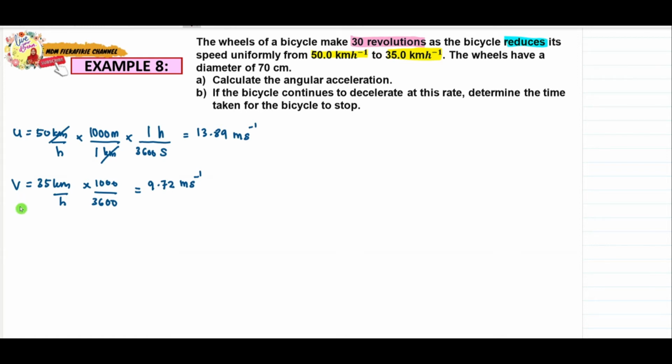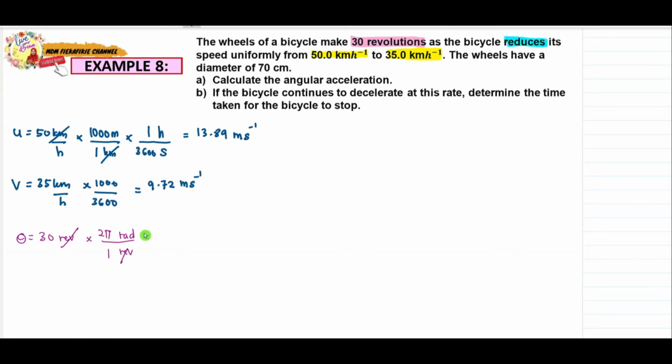And the angular displacement theta. Let's write theta given in revolutions unit, 30 revolution. I want to change to radian. Revolution is on top, its partner is at the bottom. Revolution to what? To radian. So 1 revolution is equal to 2 pi radian.